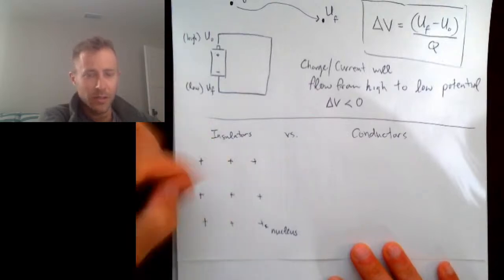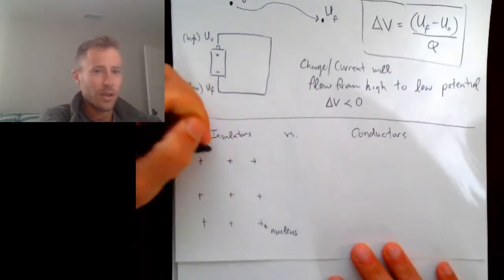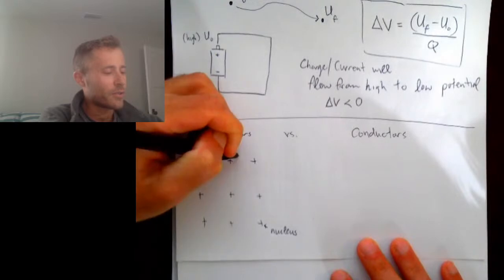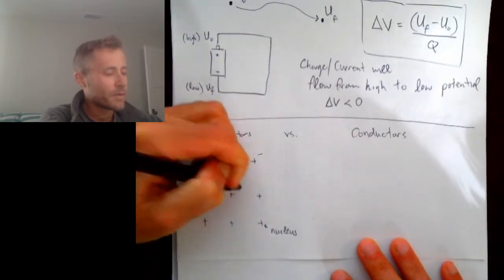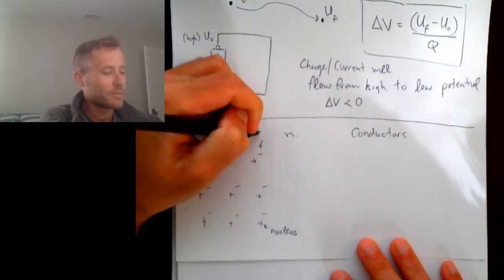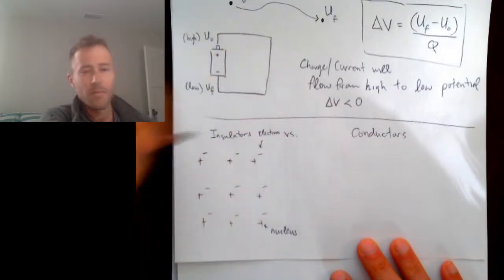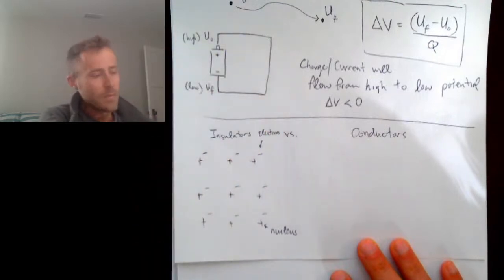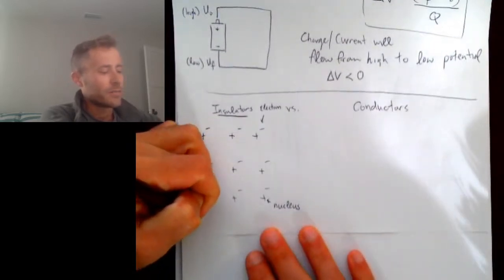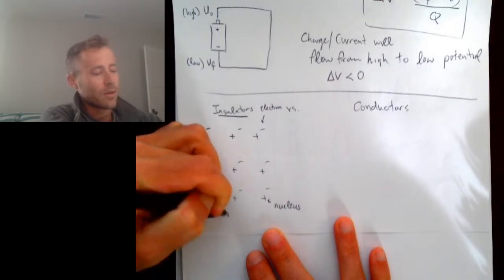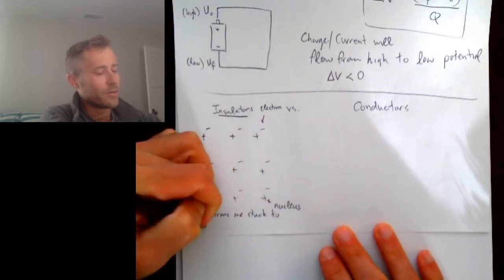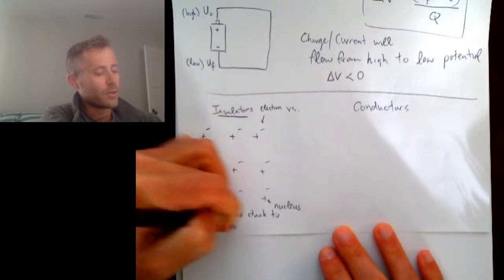And then around each nucleus there's an electron cloud. So this is the electron cloud. If you have an insulator, the electrons are stuck to a single nucleus.